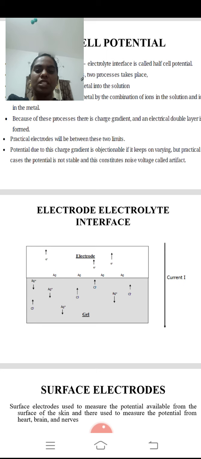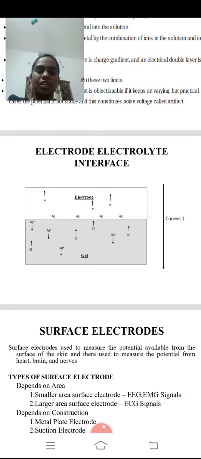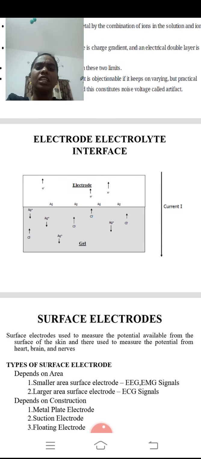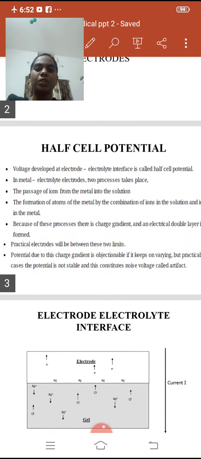From this, a voltage difference develops between the two electrodes, from which we can measure the potential difference and find the bio signal quality for further analysis.